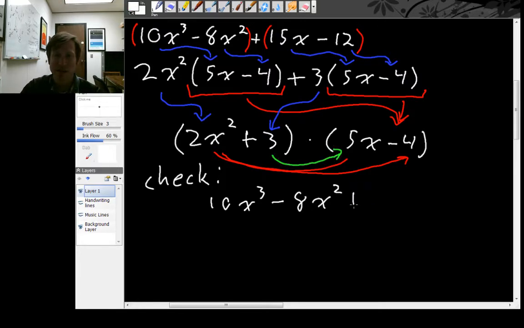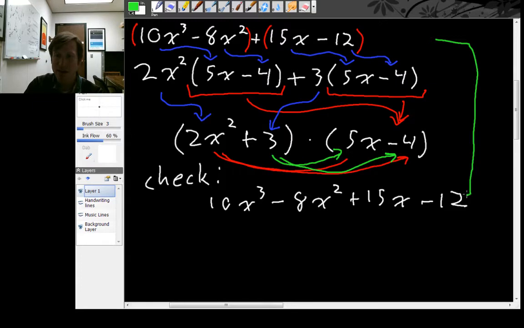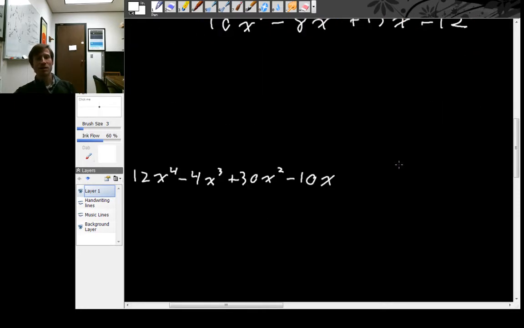That's plus 15x. And then finally 3 times negative 4, that's negative 12. And as you can see, this is the same thing as what we started with, so we know that we did this factoring correctly.